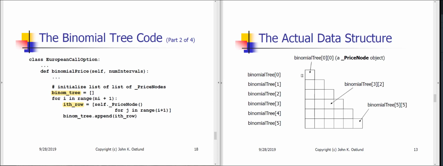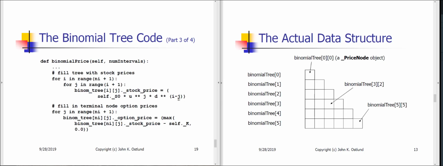So for the first row, we'll just get one price node. For the second row, we'll get a list of 2 price nodes. For the third row, we'll get a list of 3 price nodes, etc. And we append those to the binomial tree. So at this point, we have our binomial tree, and it's filled in with all zeros.